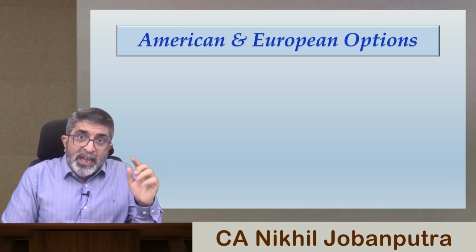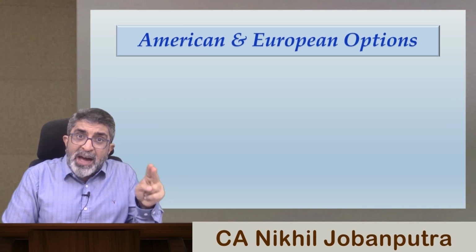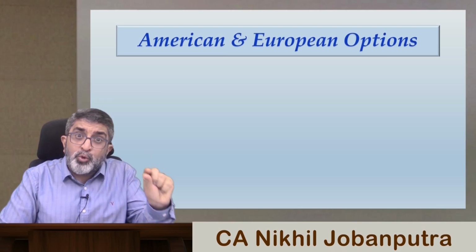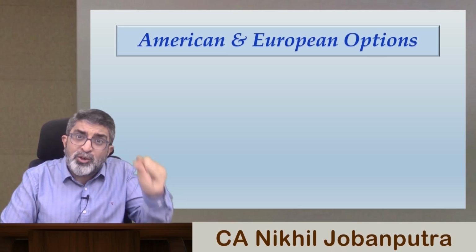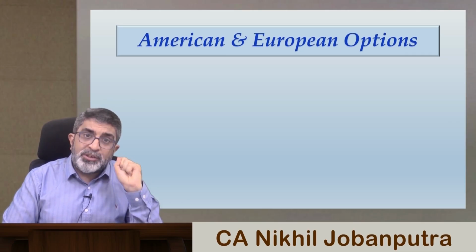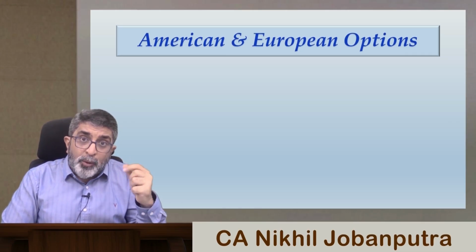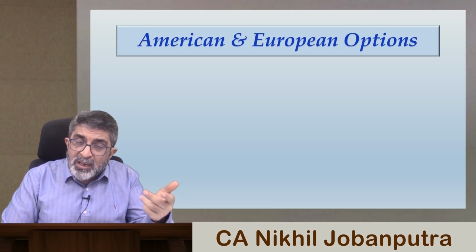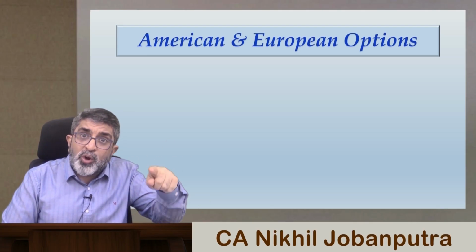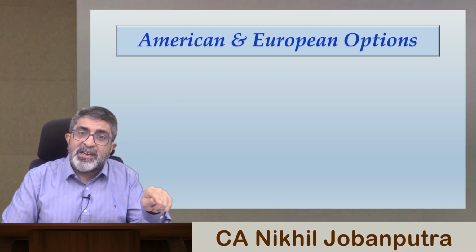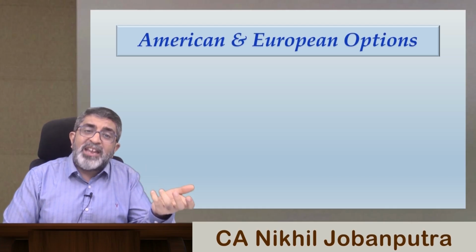If an option conveys a right to buy or sell something at a defined future date, that is that date only, then it is a European style option. If an option conveys the right to buy or sell something on or before a specified date, I repeat, on or before a specified date, then it is American style option.